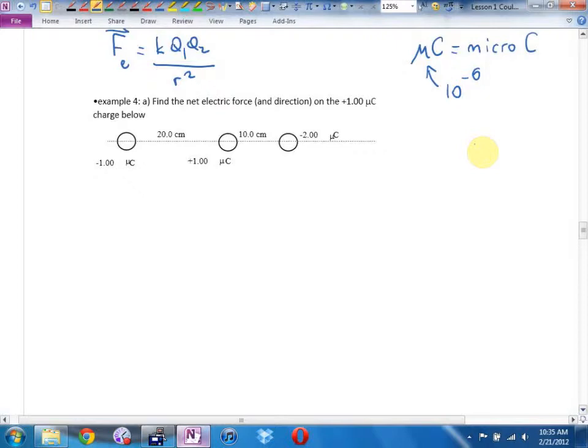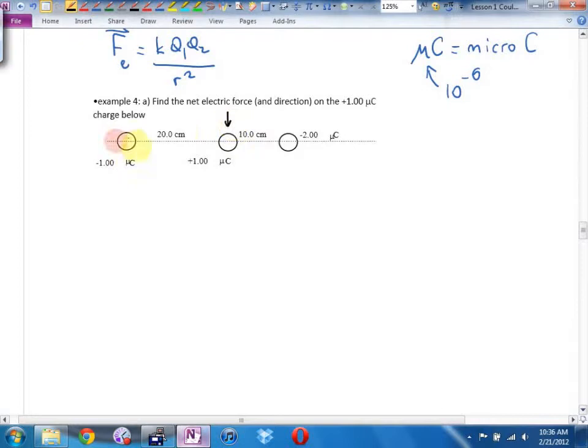So now that we've jogged your memory, let's find example 4a. 4a says, find the net electric force, magnitude and direction, on the positive 1 microcoulomb charge below. So this charge here is being held in place by invisible angels, and we want to find out which way it's being tugged and how hard it's being tugged.